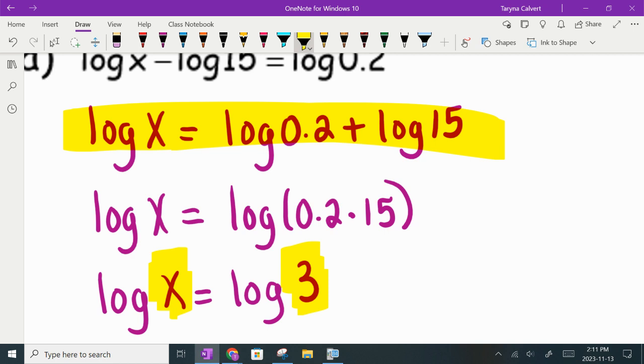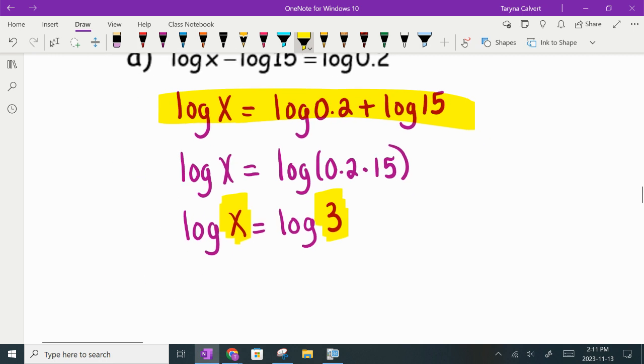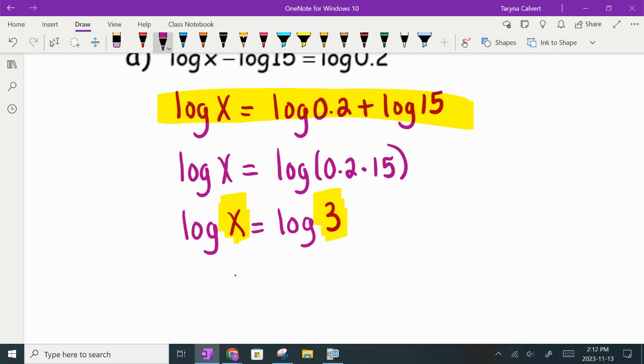Just like when we did our exponential equations, we had to keep going, simplify, simplify, simplify, until we got one base of the same thing on the left and one on the right. Here we're getting one log with the same base on the left, one log with the same base on the right. Then the arguments you can set equal to each other. So then you would say x is equal to 3.